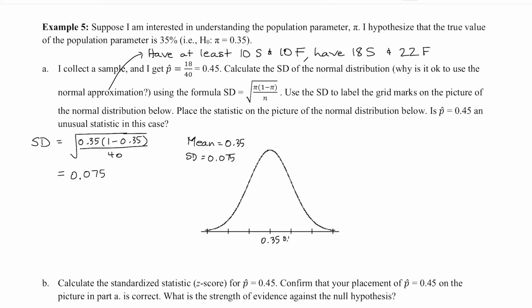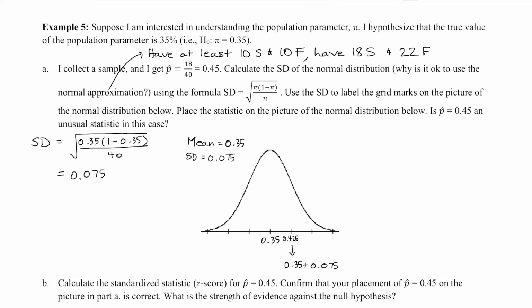So if I take my 0.35 and I add 0.075, I would get 0.425, and these are a little squished, so I have to write really small. So again, how do I get that? I take my 0.35 and I add one standard deviation.